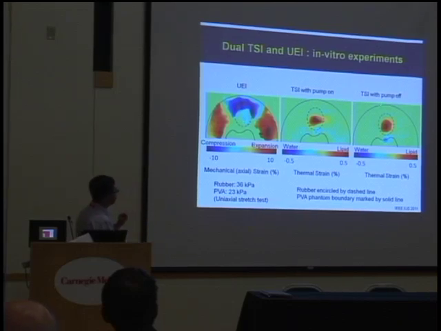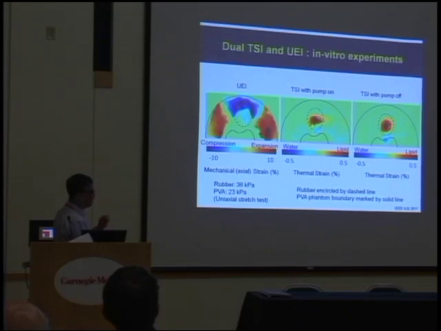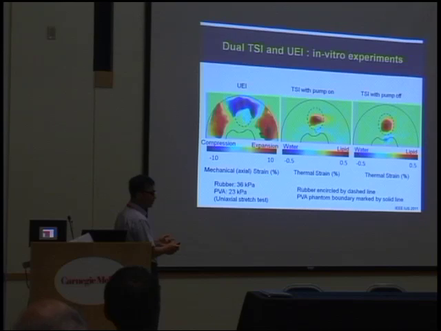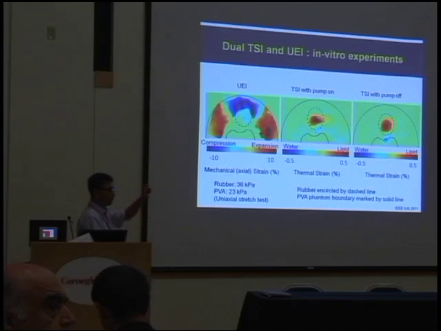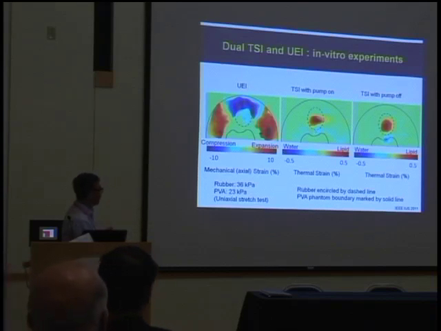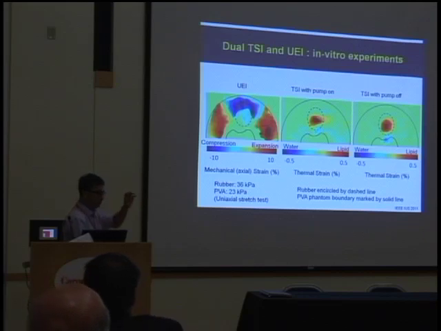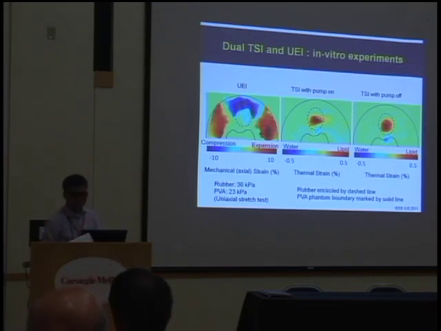Just to validate, we turned the pump off and did TSI, where we should get nothing if the gating was perfect, but we were happy with this much artifact. It might be due to imperfect synchronization, and also to this motion being in a different acoustic field, while with the pump off it stayed in one acoustic field when we heated up.